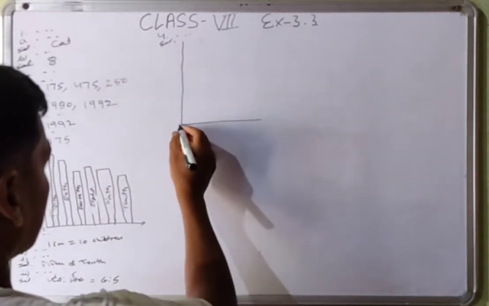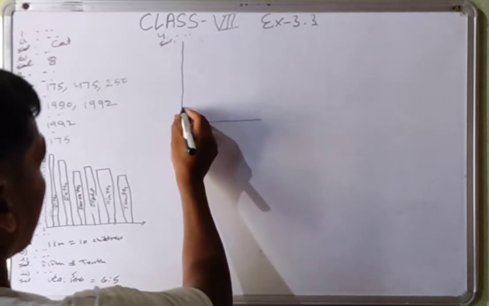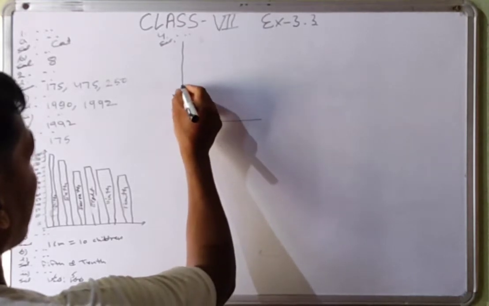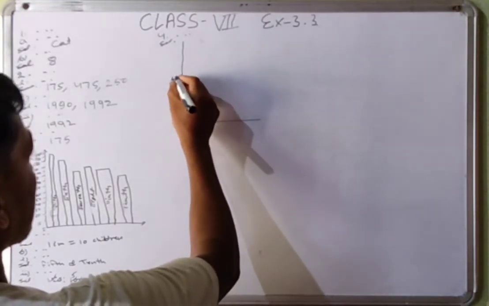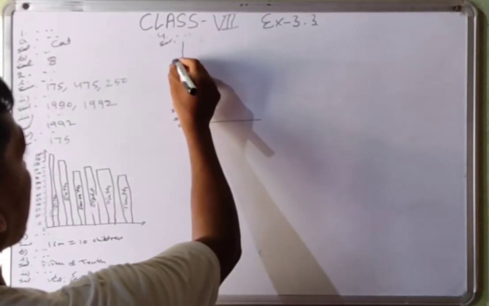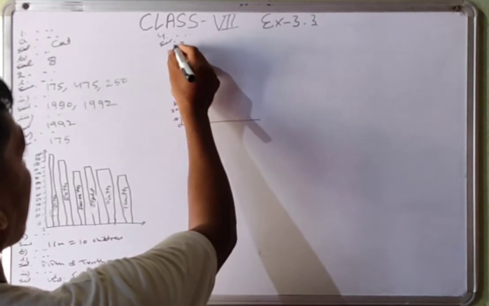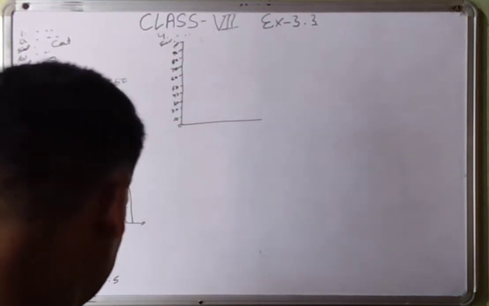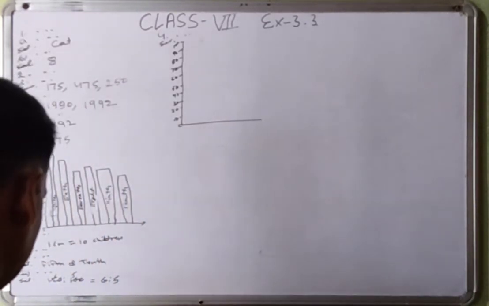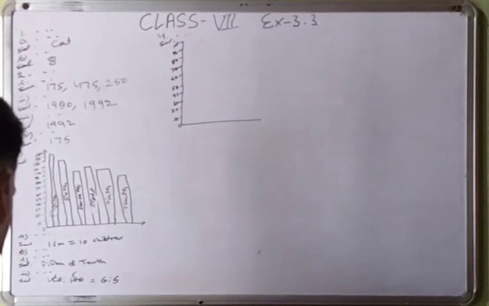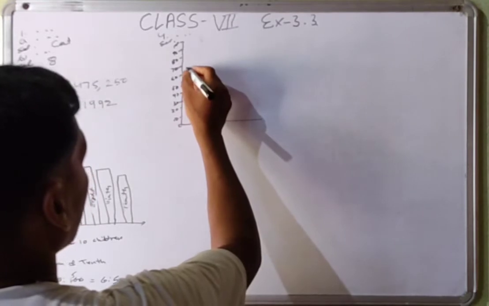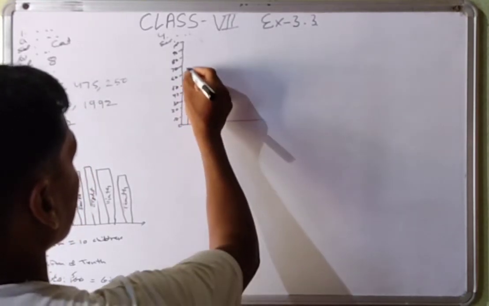No need to draw the top. 0, 10, 20, 30, 40, 50, 60, 70, 80, 90, 100, because the maximum is 95.